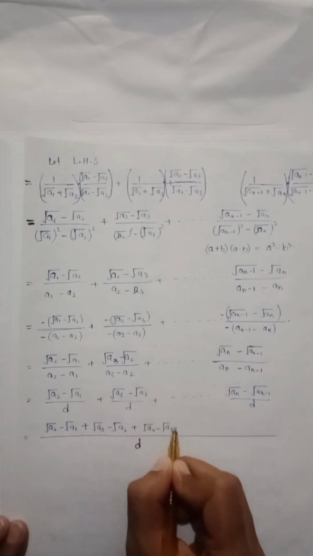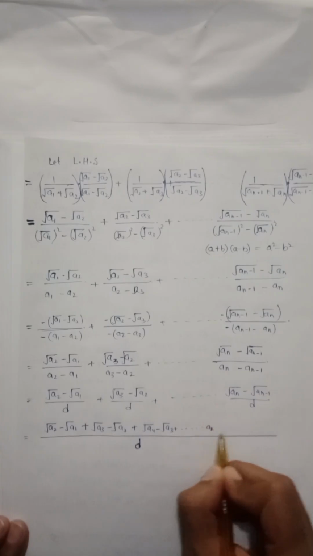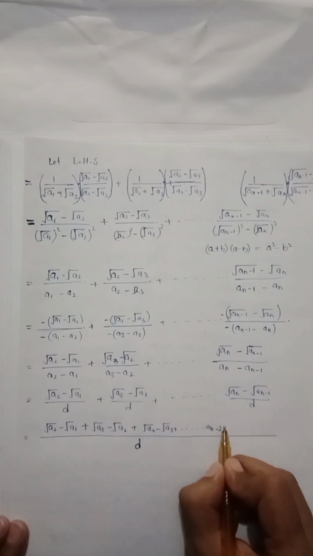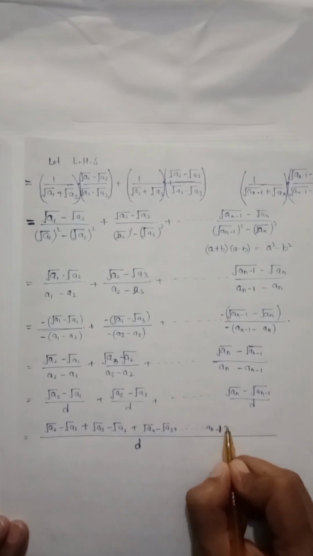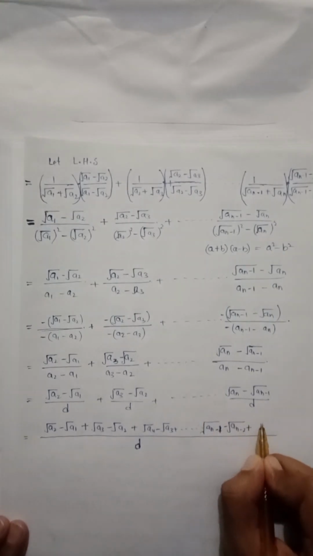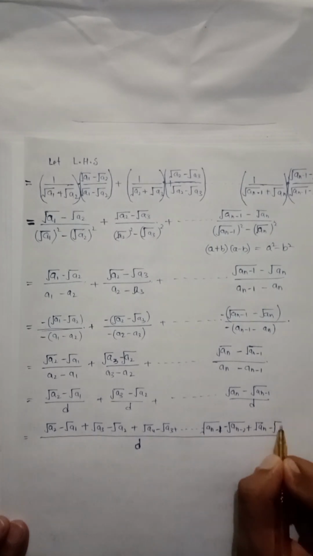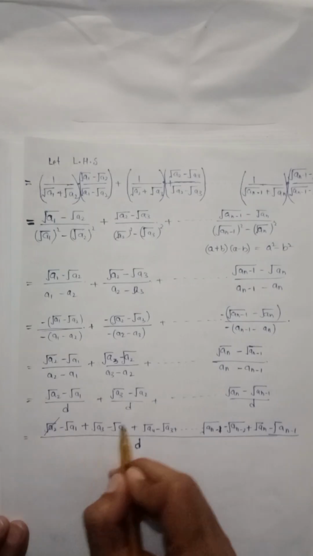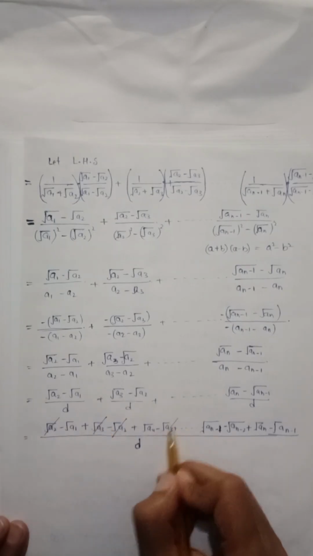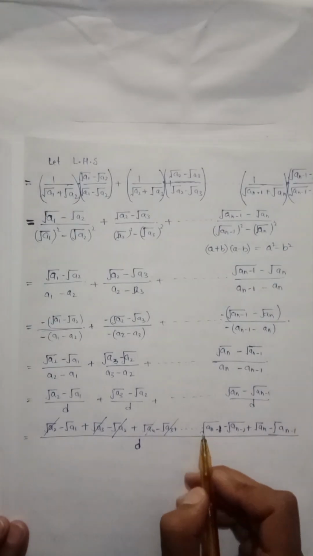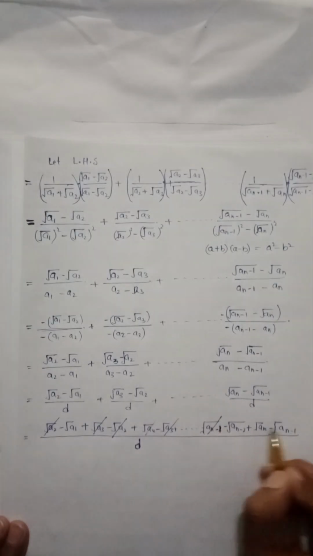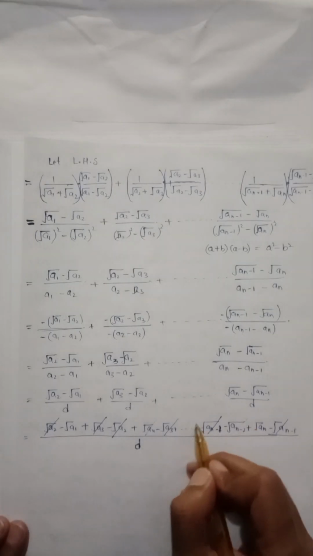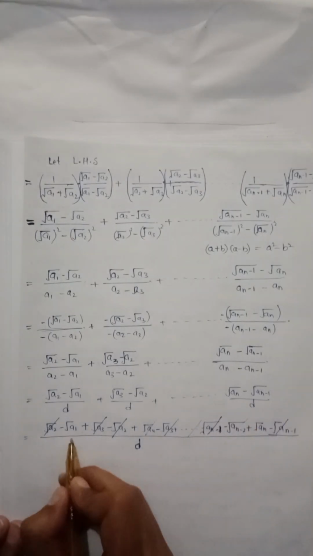We get root an minus root a1 over an minus a1 over n minus 1, and this becomes n minus 1 into root an minus root a1 over an minus a1, and we can write it as n minus 1 into root an minus root a1 over root an square minus root a1 square.